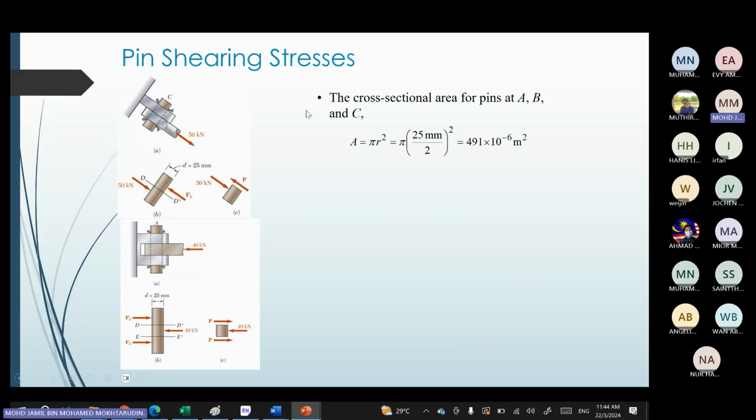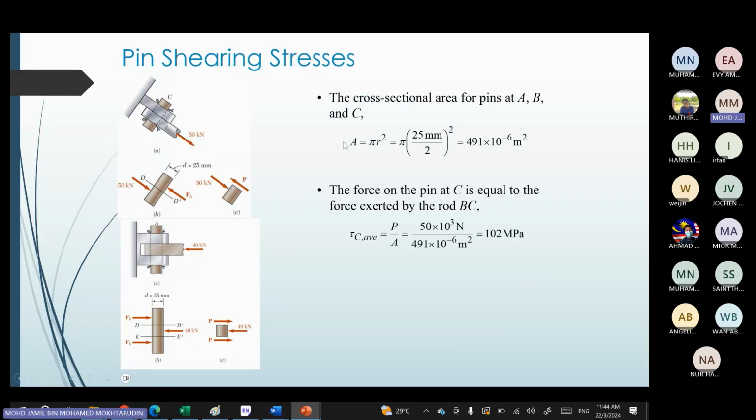Okay, now the cross section, the pin shearing stress pula dekat pin. So meaning that between the pin here, you need to determine the area of the pin, the contact area. So the diameter is this one, the 25 millimeter. So determine the area.